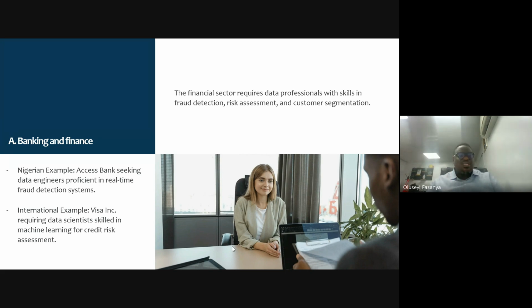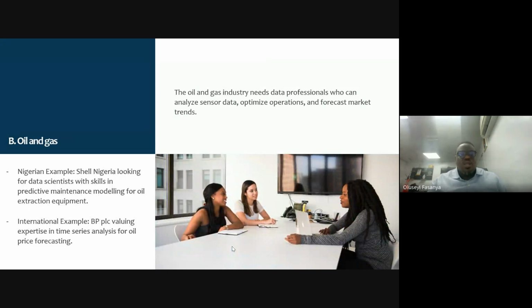So an example is Access Bank seeking data engineers proficient in real-time fraud detection systems. Quite very important skills. Visa Incorporated requiring data scientists skilled in machine learning for credit risk assessment talks to opportunities within that sphere too. Within the oil and gas industry, there's a need for data professionals who can analyze sensor data, optimize operations, and forecast market trends.